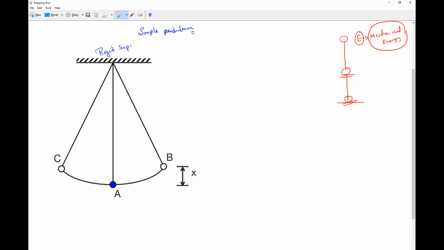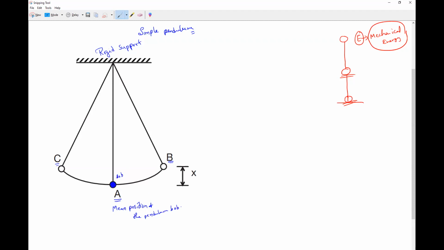Now, this is position A, this is position B, and this is position C. Position A is the mean position of the pendulum bob. What is this position, everybody? All of you respond. Mean position of the pendulum bob. This is called a bob.